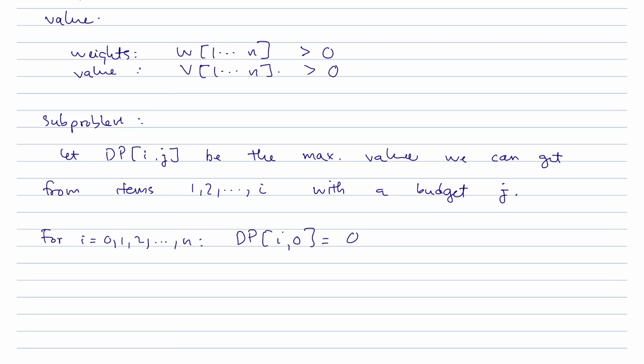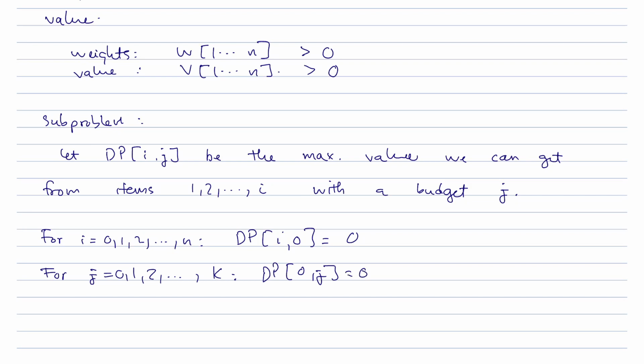So you get 0 value. For j from 0, 1, 2 up to k, dp[0][j] is also 0.